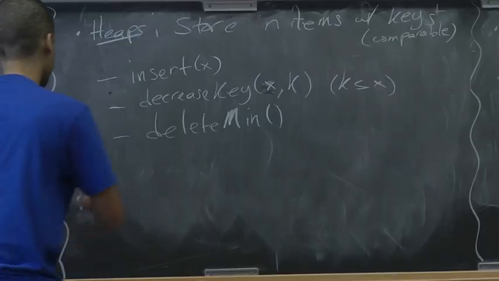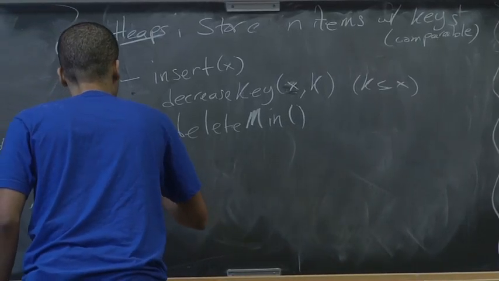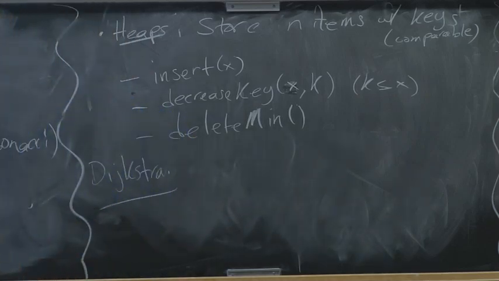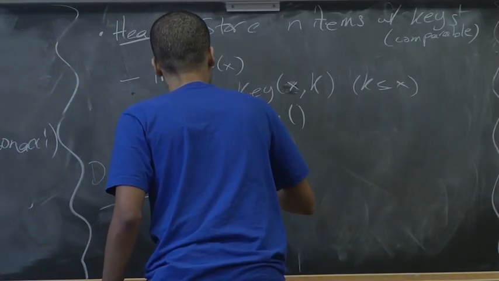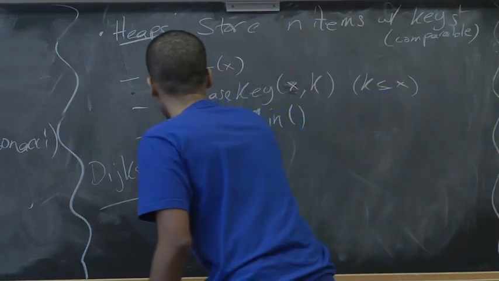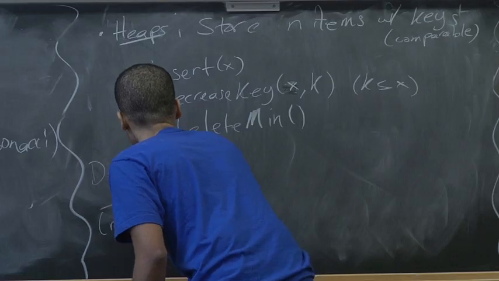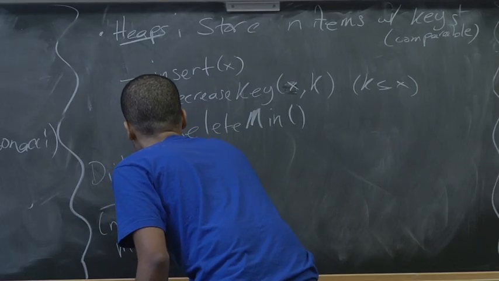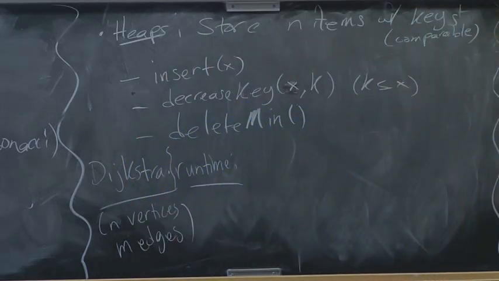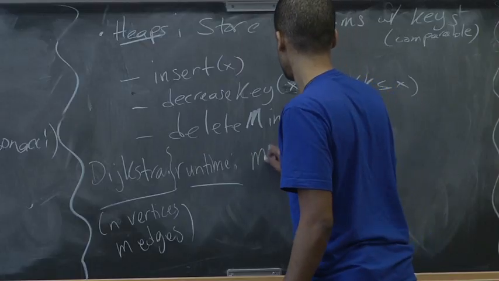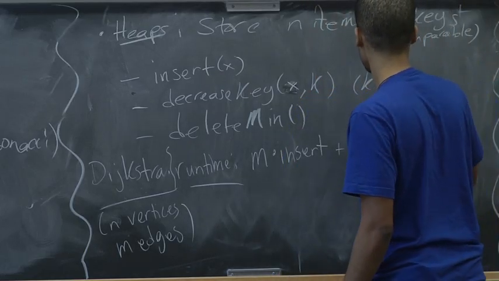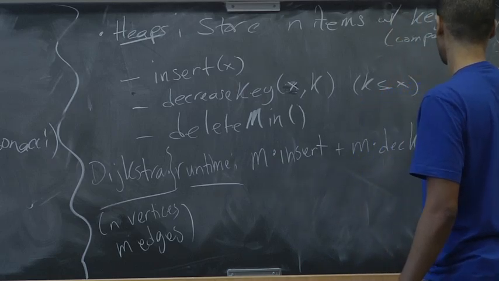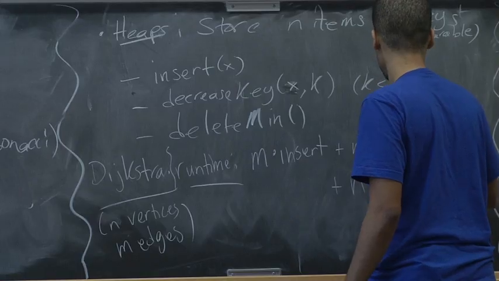And remember Dijkstra's algorithm uses a heap in its implementation, and its running time, let's say we have n vertices and m edges, will be m times insert plus m times decrease key plus n times delete min.